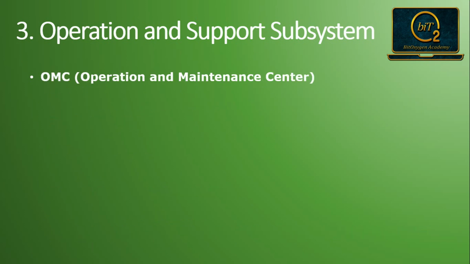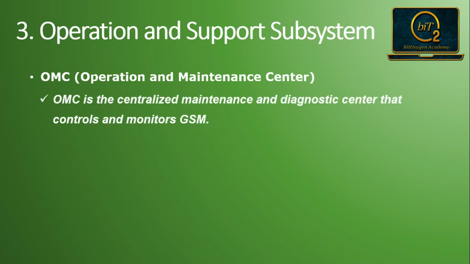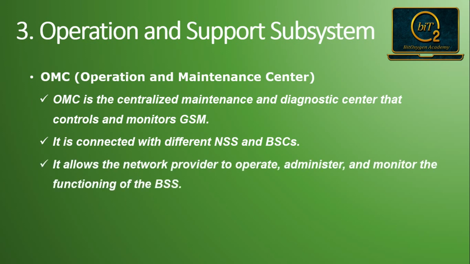Let's see the third entity, that is OMC, Operation and Maintenance Center. OMC is a centralized maintenance and diagnostic center that controls and monitors the GSM system. It is connected with the different NSS and BSCs. It controls the traffic load of the BSS by allowing the network provider to operate, administer, and monitor the functioning of the BSS.